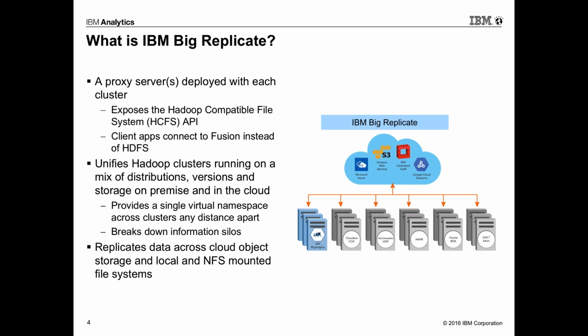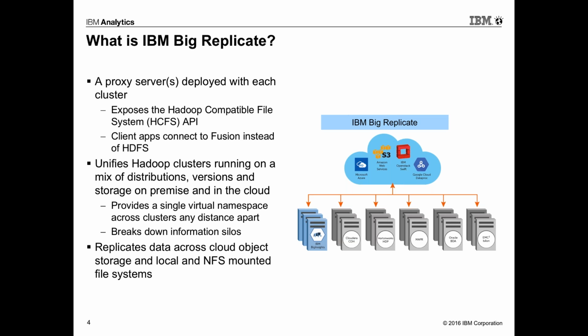So client apps connect to Fusion, which is what WANdisco Fusion is called underneath the IBM Big Replicate umbrella. Fusion is the core function, acting as a proxy server to intercept write requests from client applications.